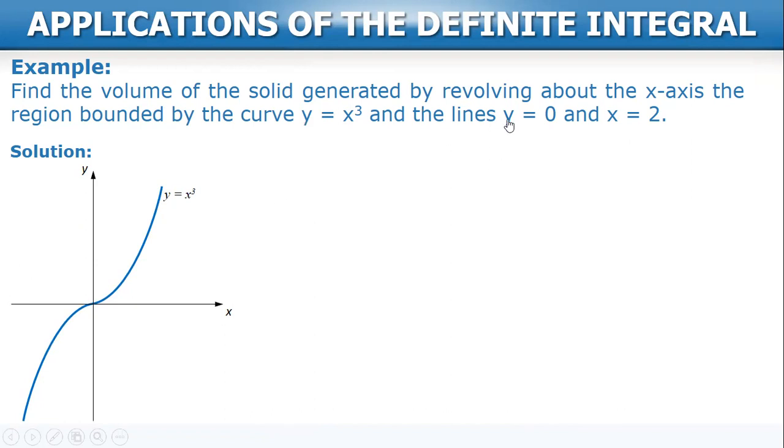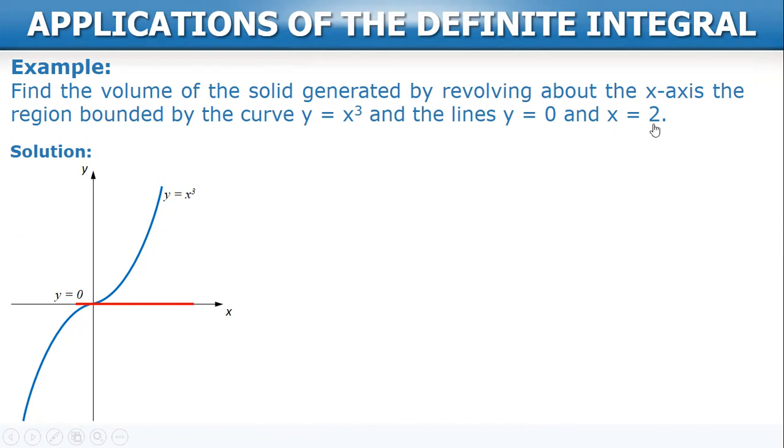Okay? Now, the line y equal to 0 is simply the x-axis. It's a horizontal line, di ba? Like y equal to 0, y equal to 1, y equal to 2, y equals 3, y equals 4. So horizontal line. That is y equal to 0.